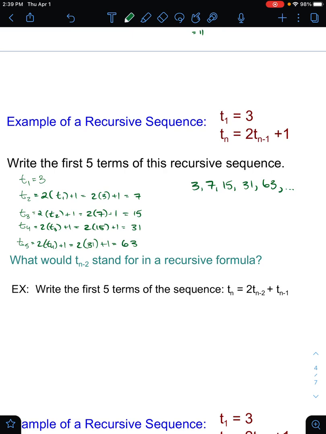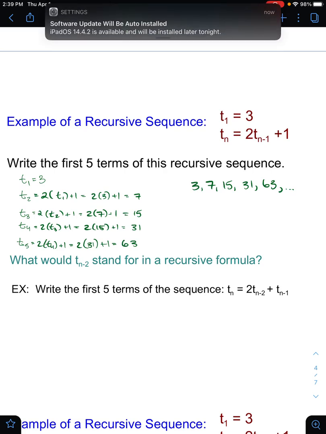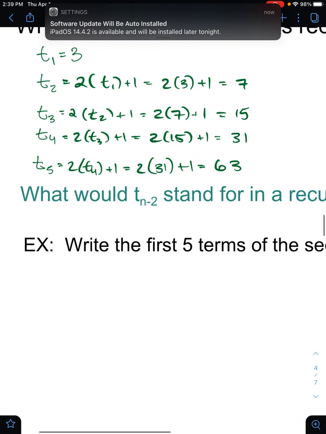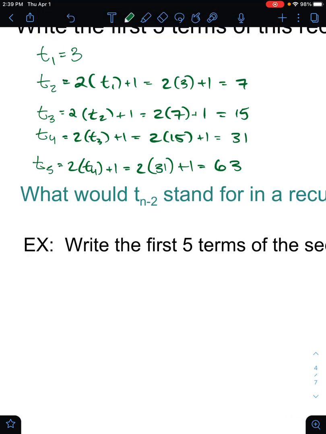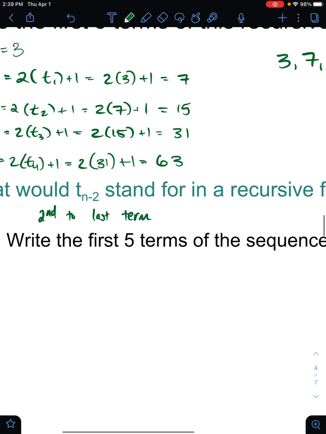What would t sub n minus 2 stand for in a recursive formula? It would be the second to last term, right? Or the n minus 2th term.